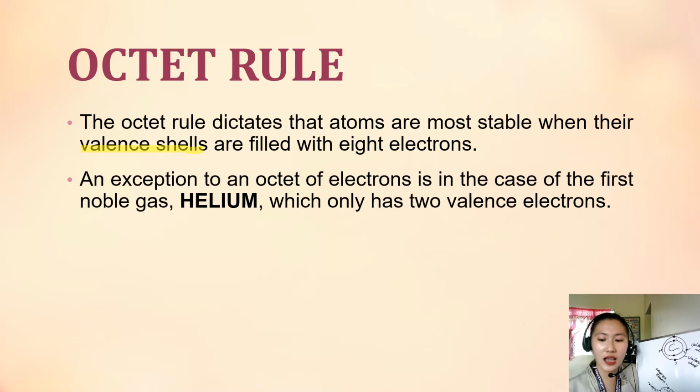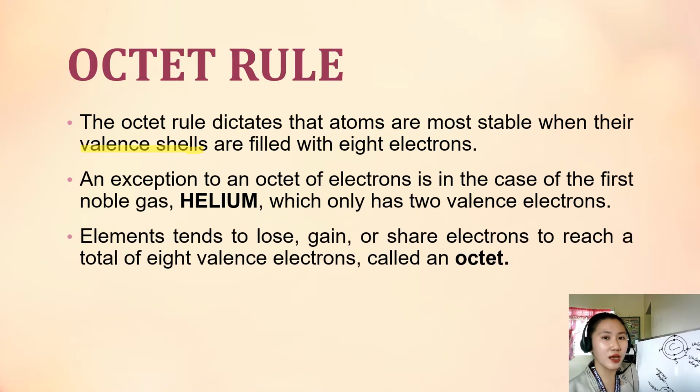So, kinakailangan na mag-gain pa siya ng another 4 electrons para magkaroon siya ng 8 valence electrons at ma-fulfill niya yung octet rule. So, elements like carbon here tend to lose, gain, or share electrons to reach a total of 8 valence electrons called an octet.